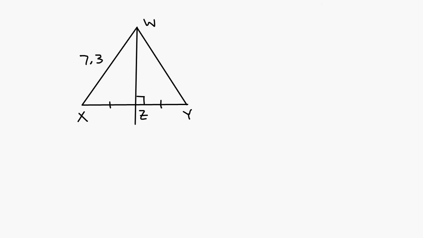From this picture, you know that this vertical line L is a perpendicular bisector, isn't it?